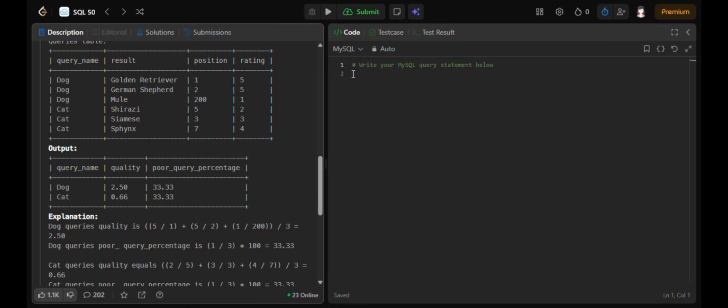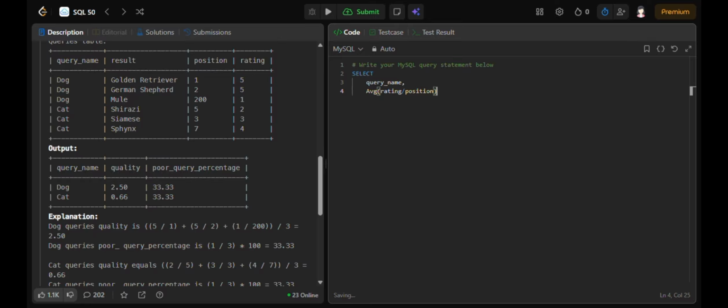Now let's start with the coding part. Select the query name, comma, the average of the ratio of the rating to its position.